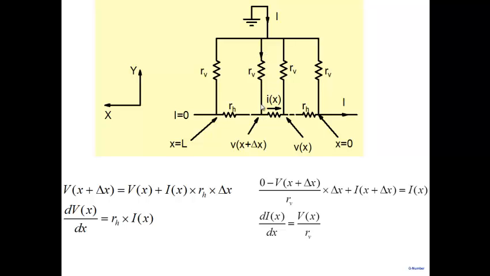There's a vertical current coming in and a current coming in from here, and the two add up to give me Ix. The vertical current is nothing but 0 minus Vx times RV Δx. So this gives me another equation: dIx/dx is Vx/RV. So we get two equations now.